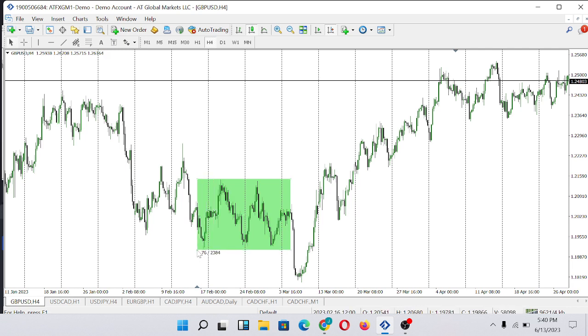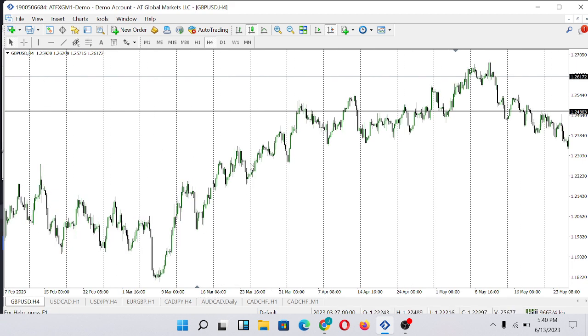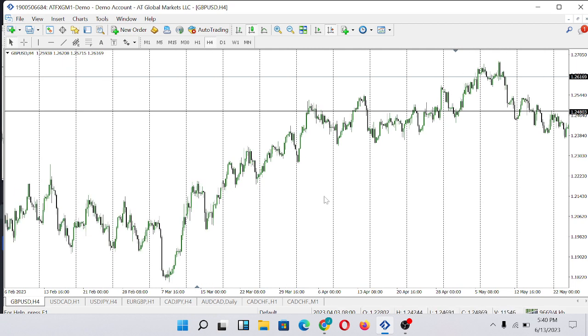Now this right here is a range, right? Whereby the market is neither going upward or downwards. Do you understand? So this is the ranging market. So this is the three market phases we have in Forex, the movement.